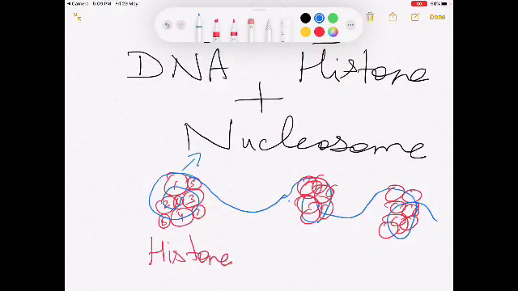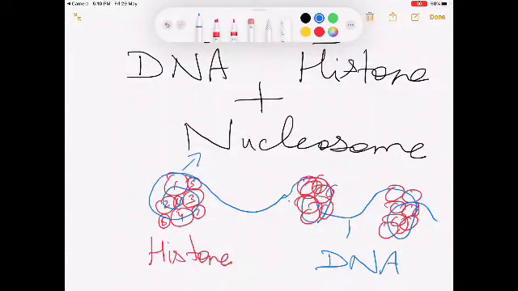Like this nucleosome is prepared, and now these nucleosomes are very close and highly coiled, and then they are making chromatin fiber.